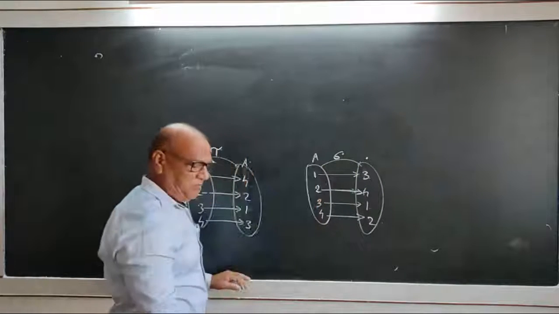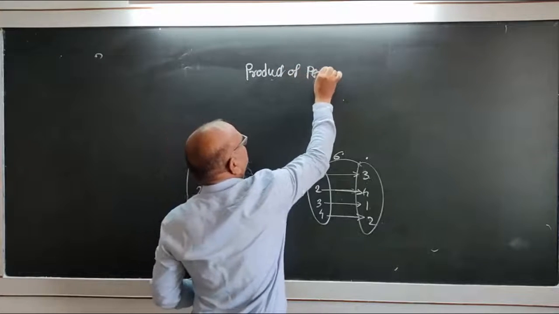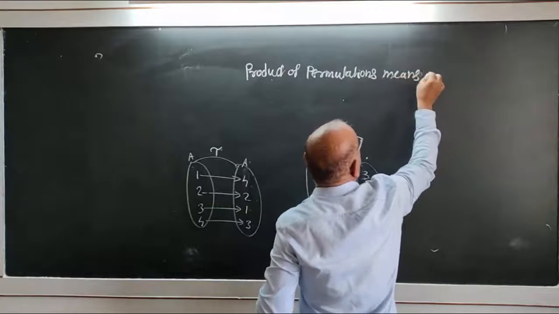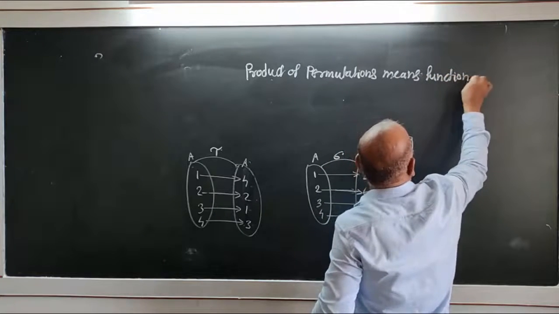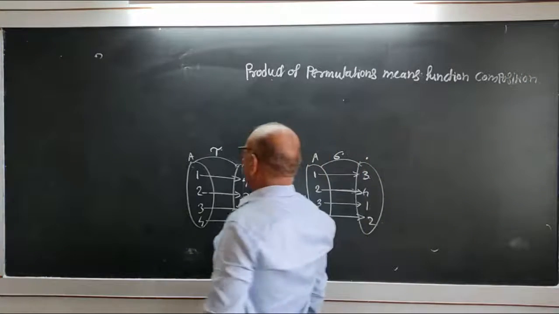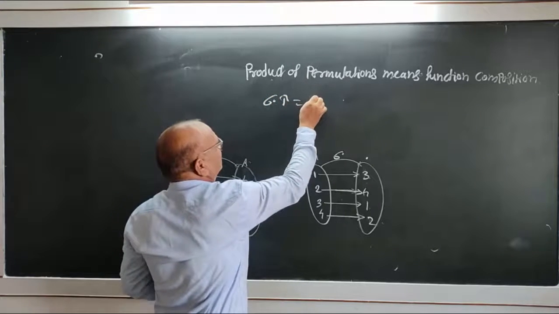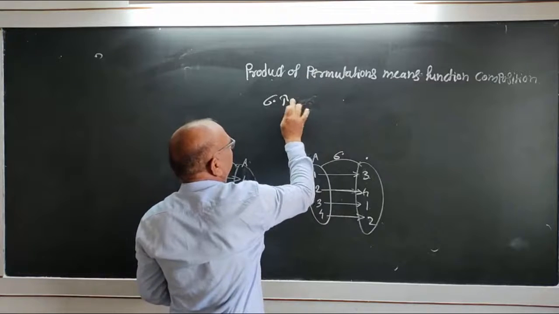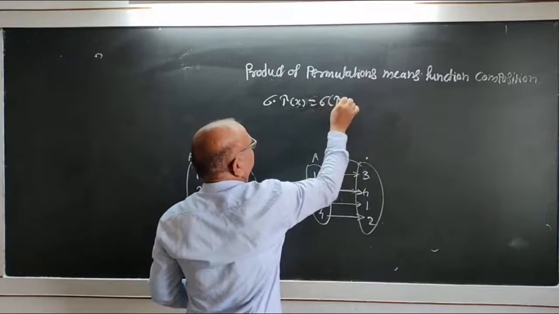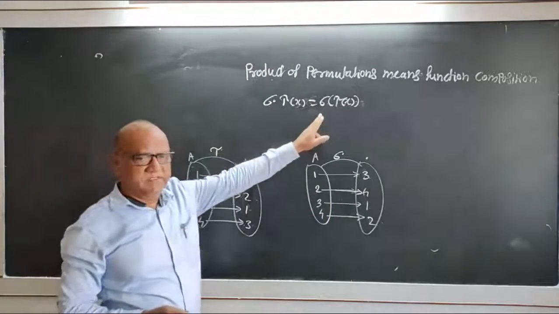That means sigma tau is equal to sigma of tau of x, where x belongs to A. Here product means function composition.